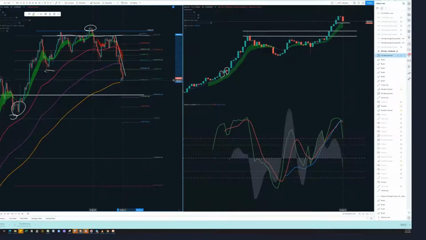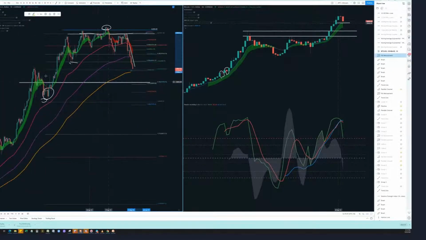But this area is very important because when price came up, it found this level to be significant resistance. It stopped it in its tracks, and then we had price move back. And then when price came back up, we saw here's a wick, it pulled it back, and then it went up.